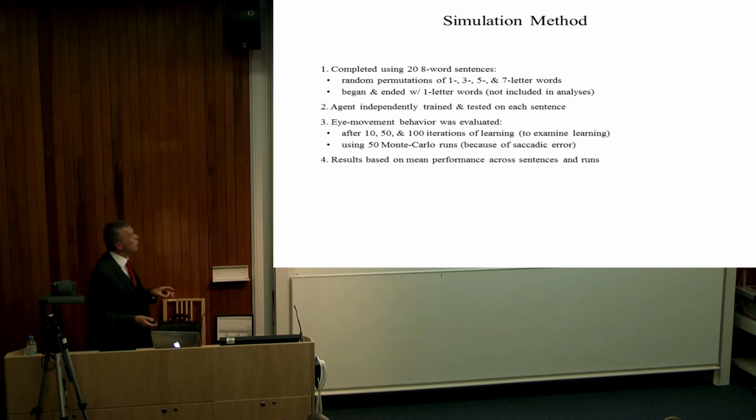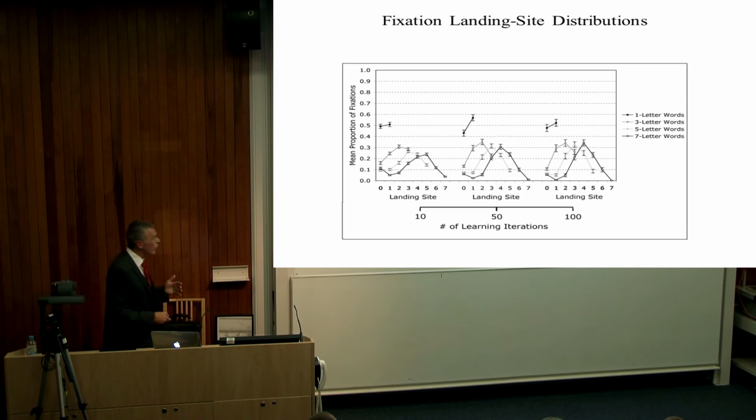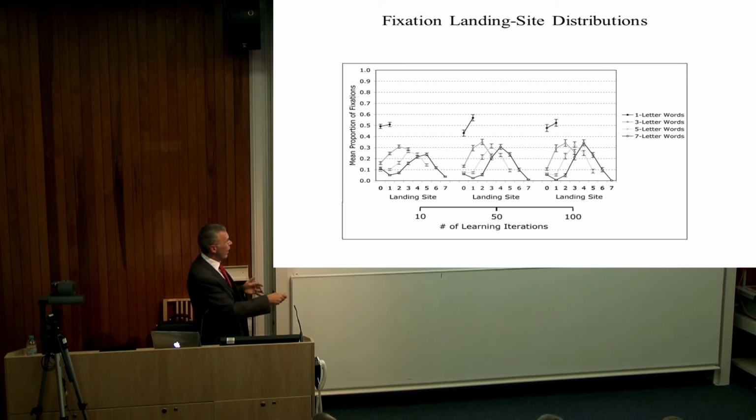What we did is we ran these artificial agents on 20 8-word sentences, and we evaluated the agent's performance at different stages in learning. So after 10, 50, and 100 iterations of learning. Okay? So what I'm showing you here are fixation landing site distributions at 3 different stages in learning, after 10 iterations, 50, and 100.